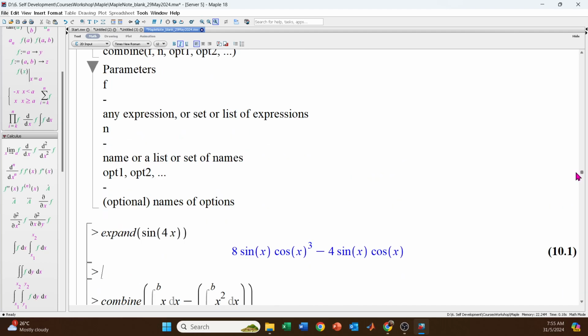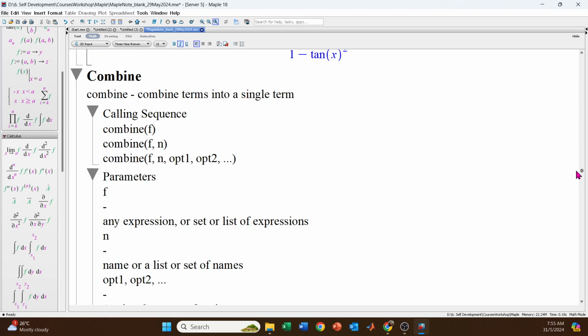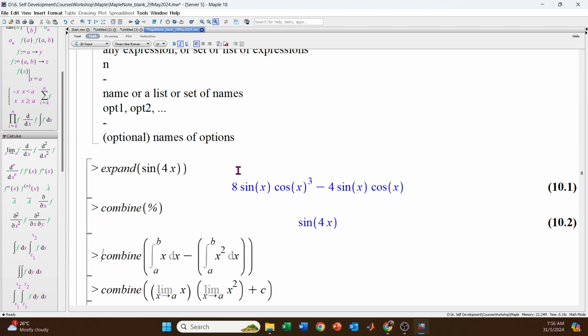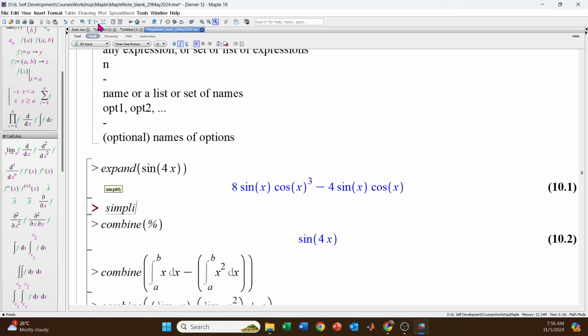The other command I want to show is combine. If you use combine like this, combine percent. So we expand sin 4x and you get this. When you combine back, you get sin 4x. Let's say I use simplify on this one and enter simplify one more time.